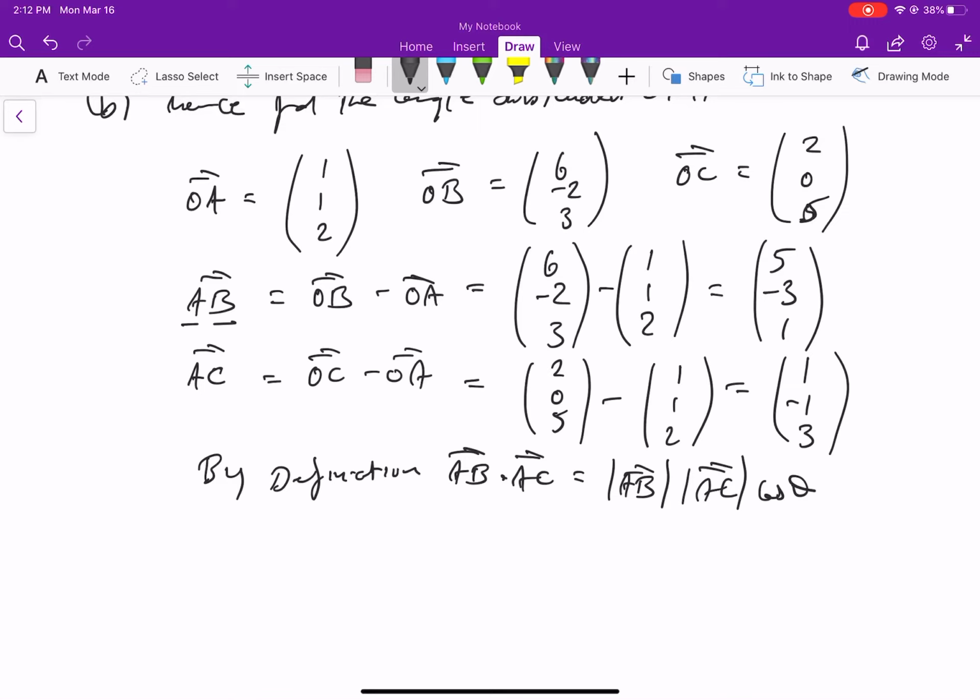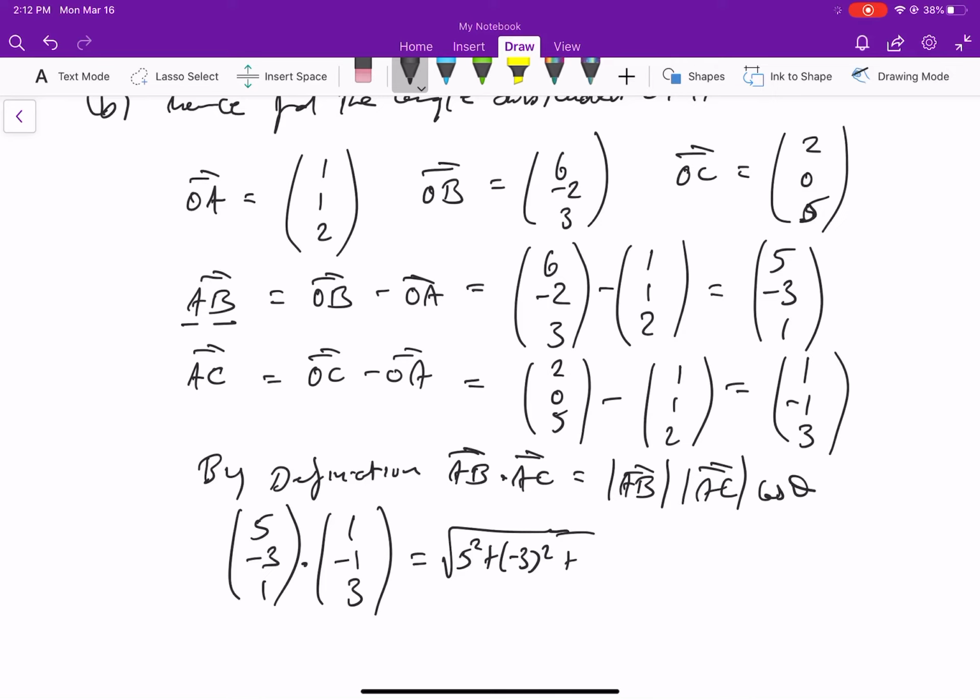AB dot AC, that would be 5, minus 3, 1 dot 1, minus 1, 3. And that must be equal to the modulus of AB, which would be the square root of 5 squared plus minus 3 squared plus 1 squared, times the modulus of AC, square root of 1 squared plus minus 1 squared plus 3 squared, times cos theta.